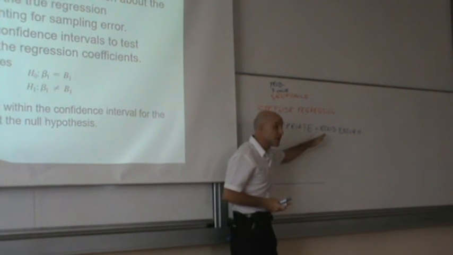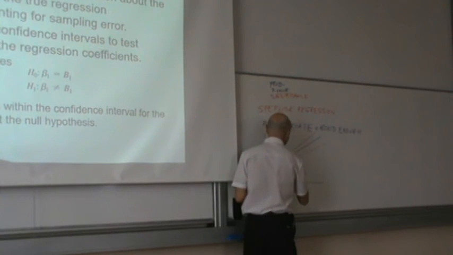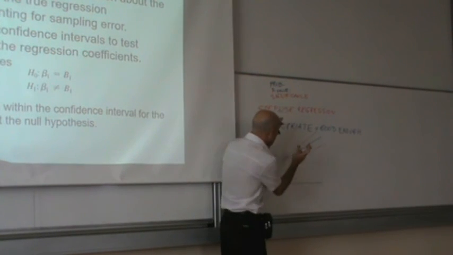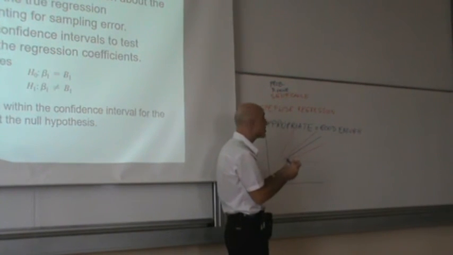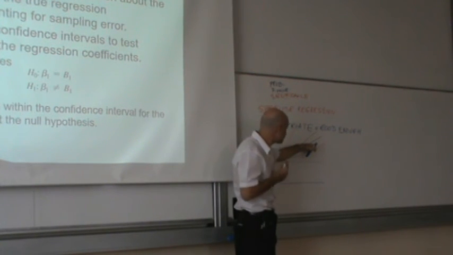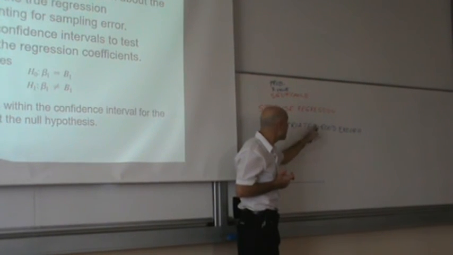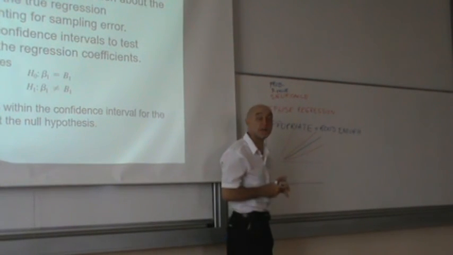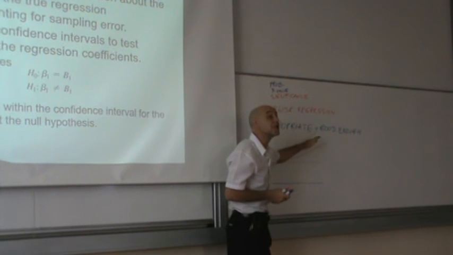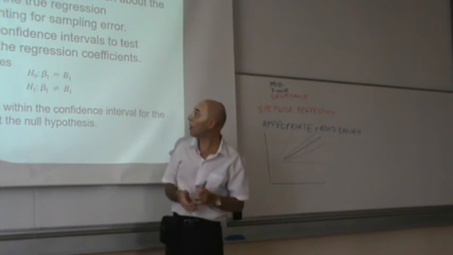So the question is, is the interval very steep and very flat, or is it relatively narrow? So how good is the estimated slope, as given by the confidence interval of the slope variable? In this particular case, it's going to be B1.